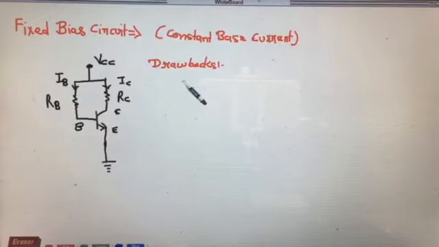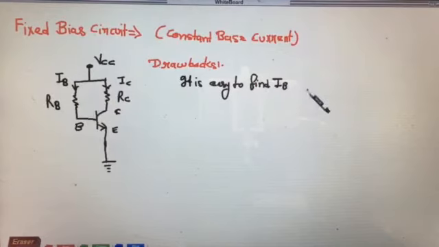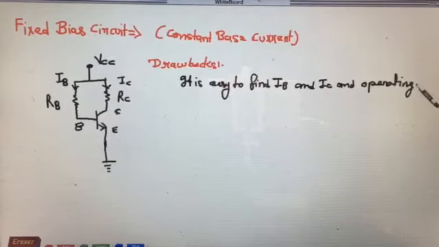In this, it's easy to find IB and IC, and with this the operating point where the transistor is acting in active region.